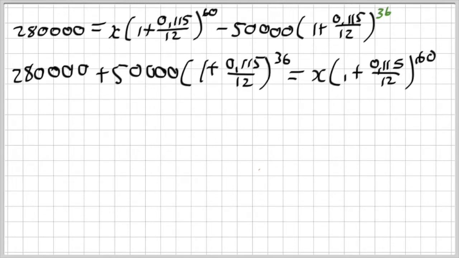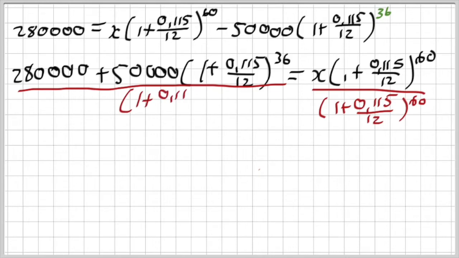And also, it's going to prevent me from making silly mistakes, typing in things maybe wrongly or rounding off incorrectly. So then I'm going to divide by that bracket on the right-hand side on both sides. And this, ladies and gentlemen, is going to leave me with my value for X.